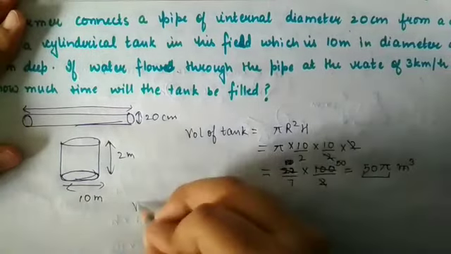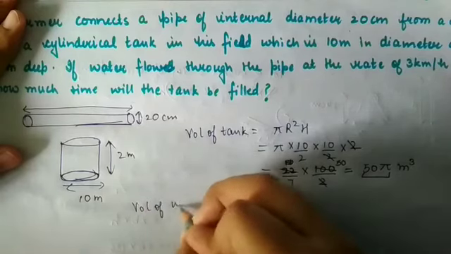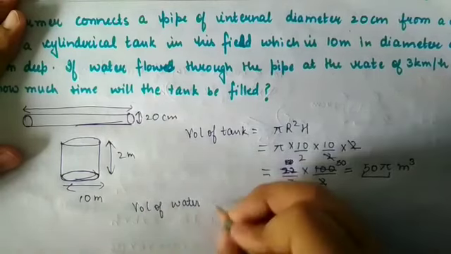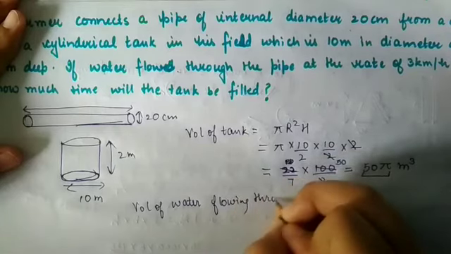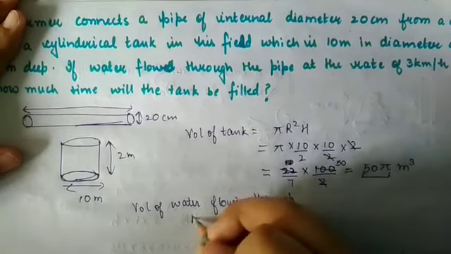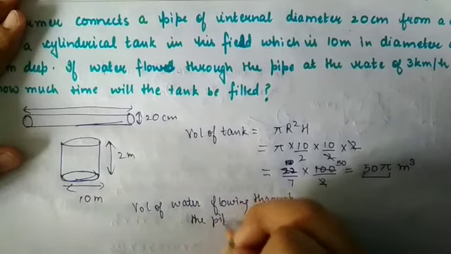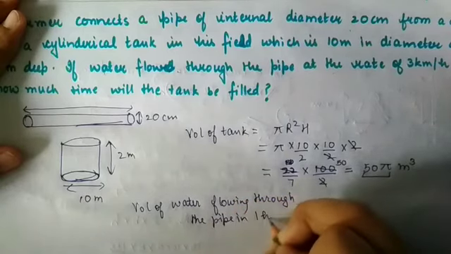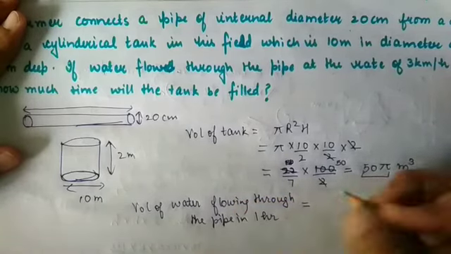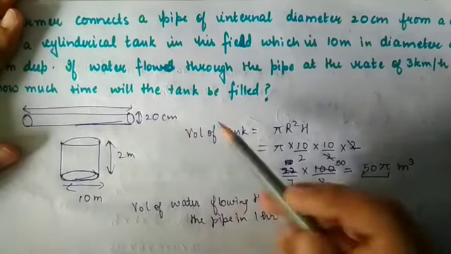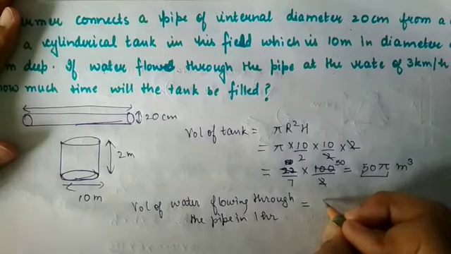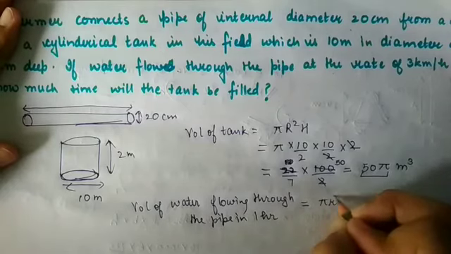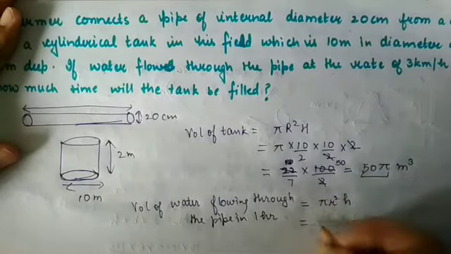Now volume of water that is flowing through the pipe in 1 hour, it would be equal to, it is in the shape of cylinder only, so we will apply the formula for cylindrical figure, that is pi r square h. Now keep pi as it is.